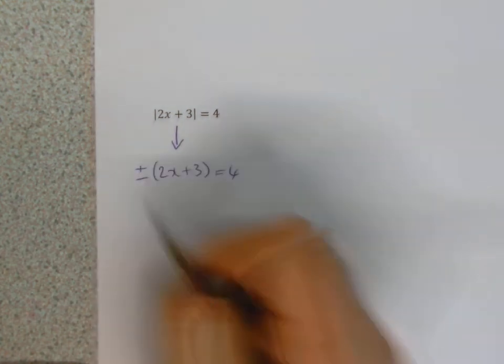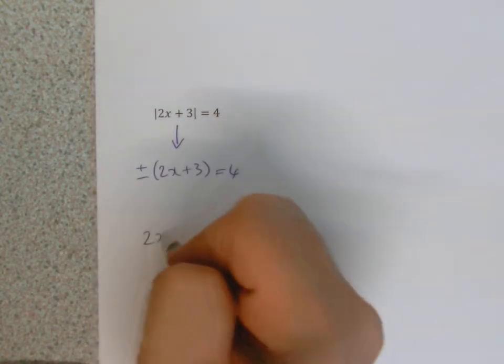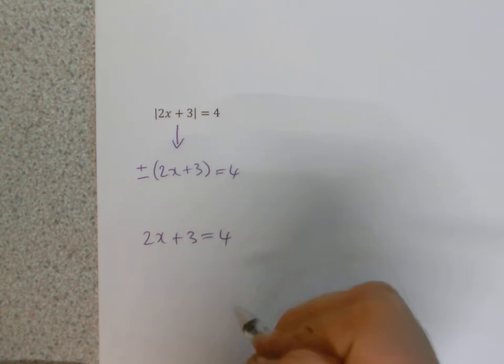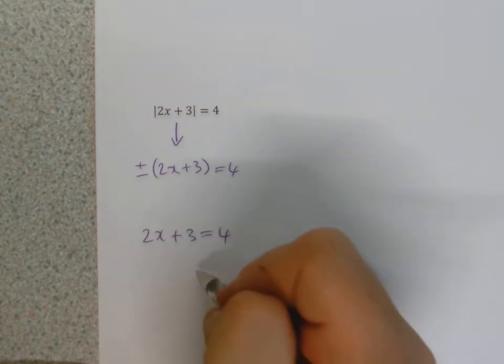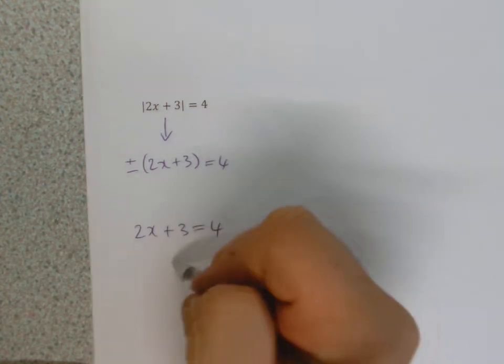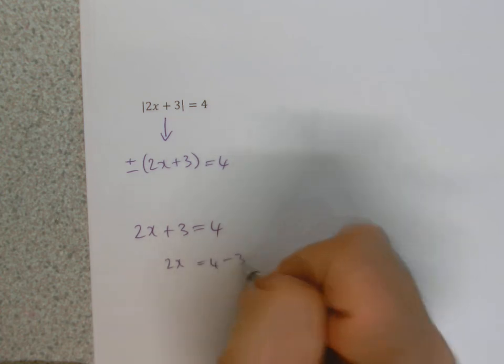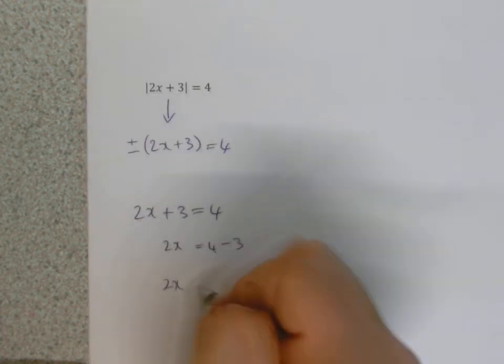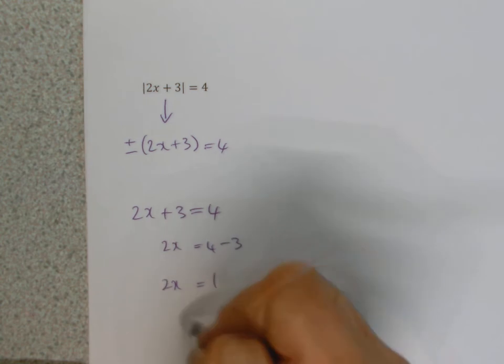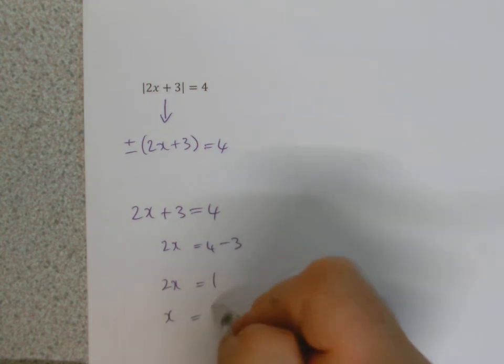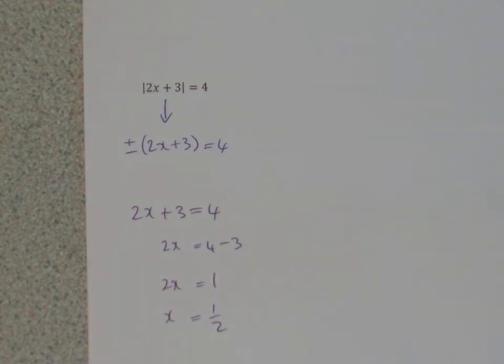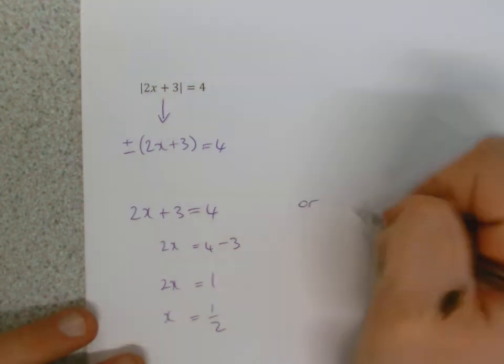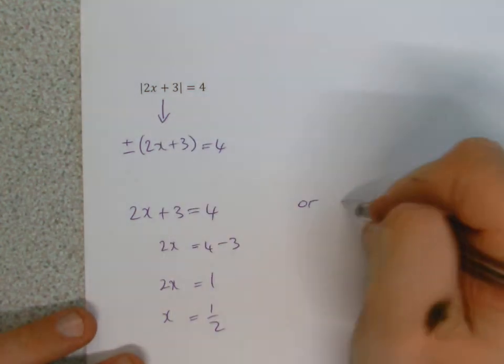So if I look at the plus option first, I've got 2x plus 3 equals 4, which means I can solve this. 2x equals 4 minus 3. So 2x equals 1, so that means x is equal to a half. Or, of course, the other option is when you take the negative of that bracket.